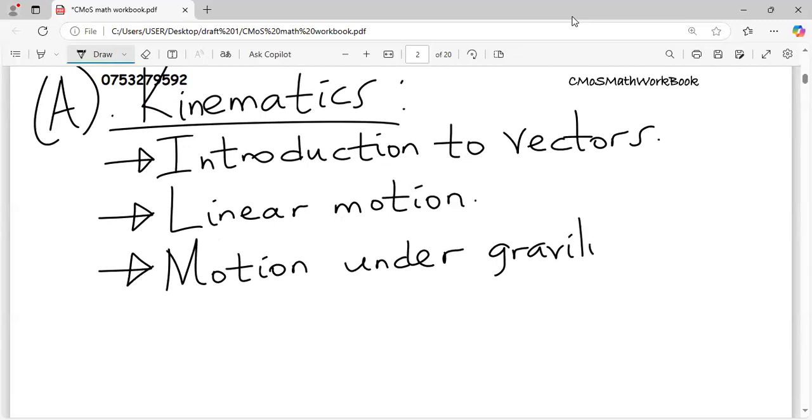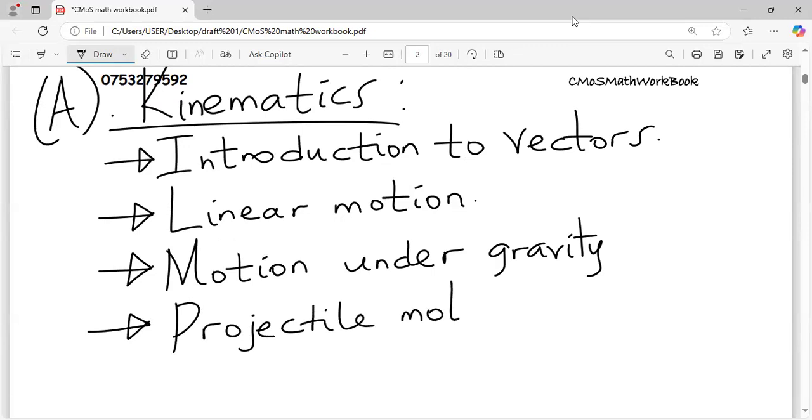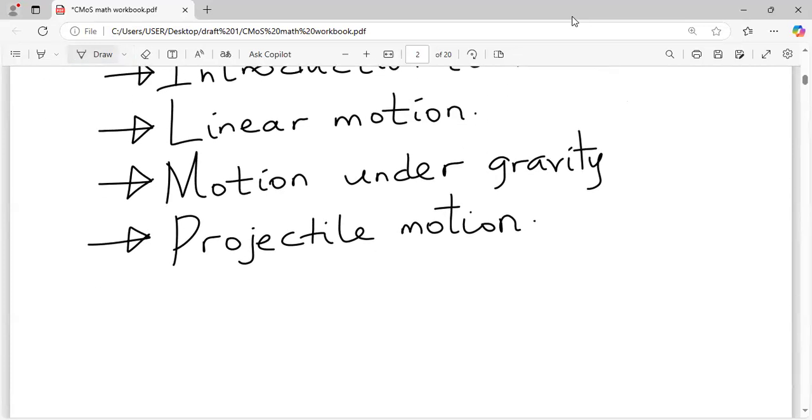have projectile motion. Then we have relative motion.